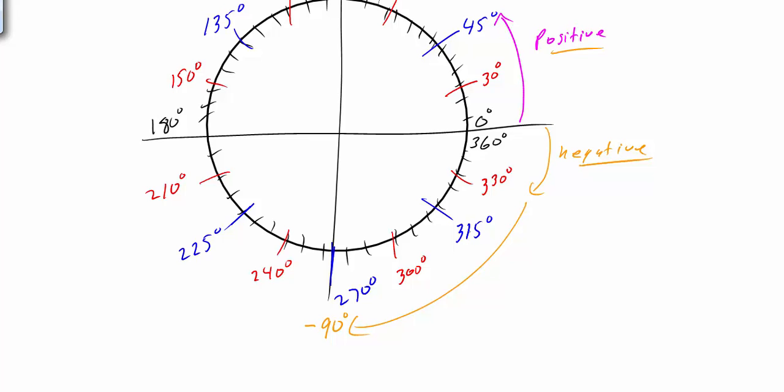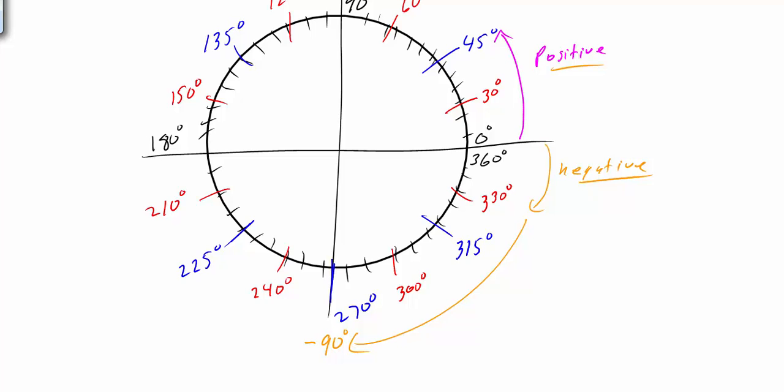Just like the same location here of 315 is the same location as 45 going up, so this would still be a negative 45 degrees. And then as we continue to rotate around, we would have a negative 180 degrees. So just realize when we're going in a clockwise rotation, you're going to end up with a negative angle.